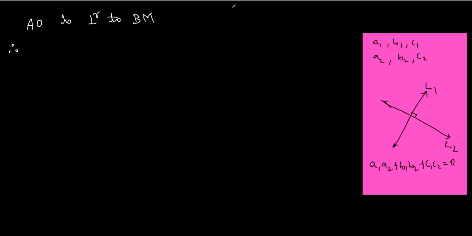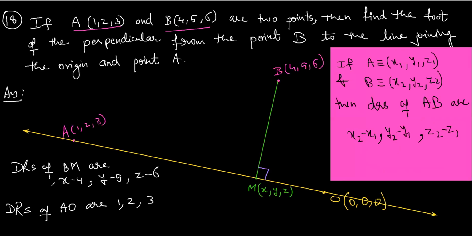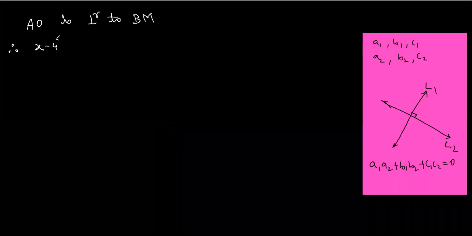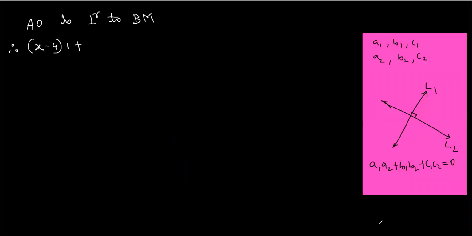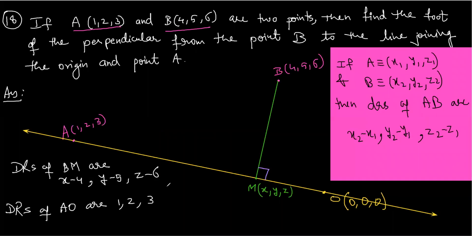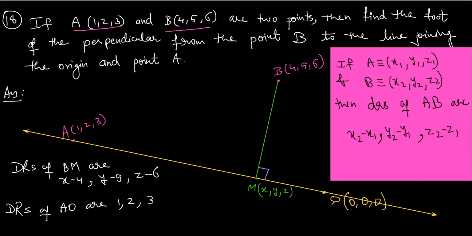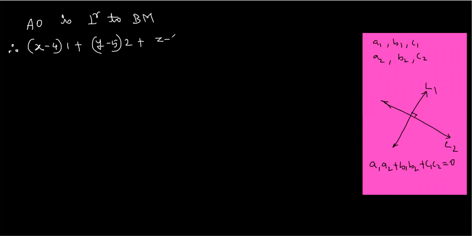So using this, I will write here: (x minus 4) into 1 plus (y minus 5) into 2 plus (z minus 6) into 3 equals 0.